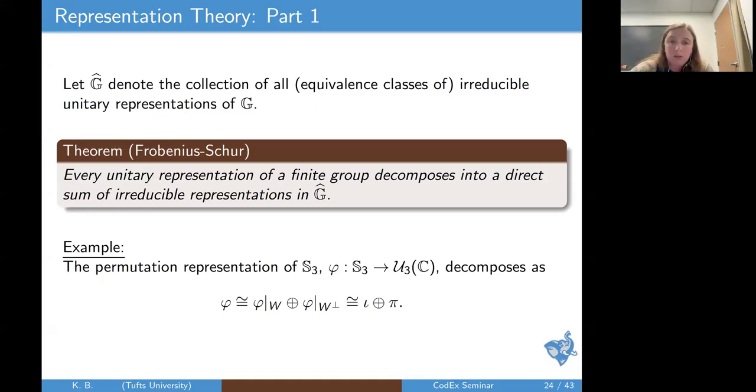So for instance, that permutation representation pi that we had for S3 decomposes into a direct sum of two irreducible representations, the ones that we saw earlier, those restrictions, in particular, the leftmost one being the trivial representation, and pi here is representing the standard representation of S3.